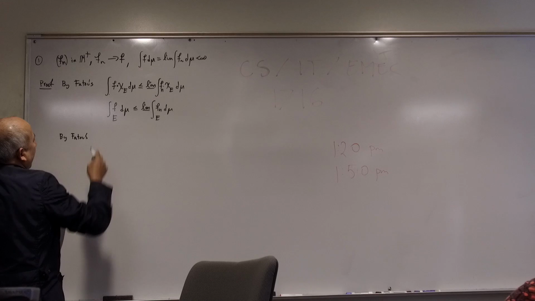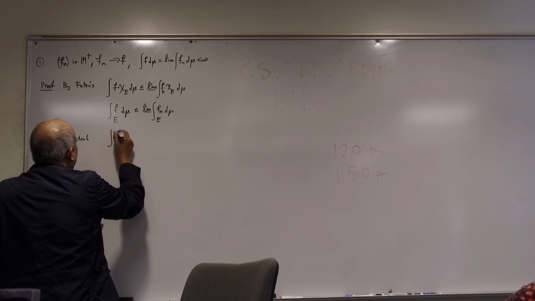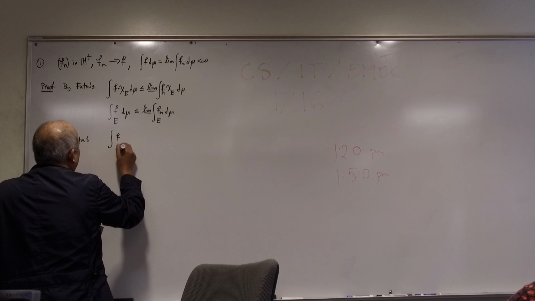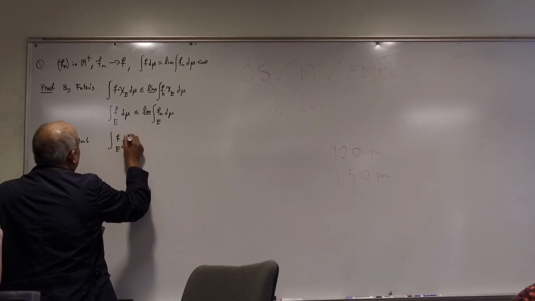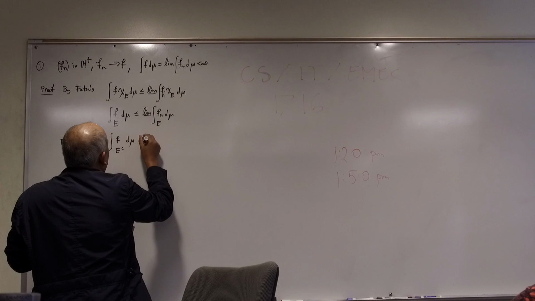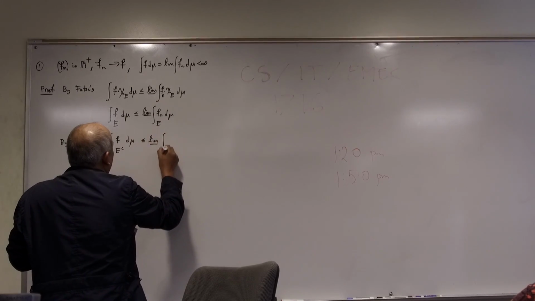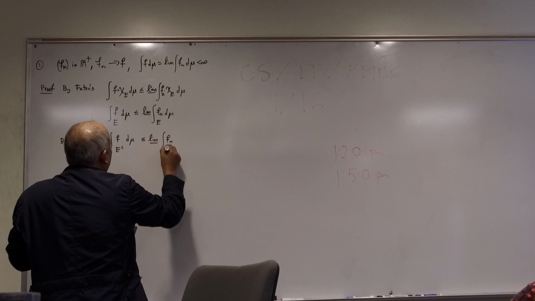But this time I apply it to E complement, so we have the integral of f on E complement d mu is less than or equal than the limit inferior of the integral of f n on E complement.